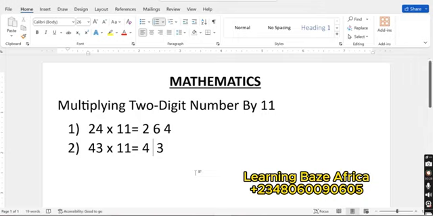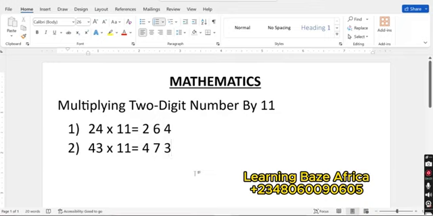Then we add the two digits together. 4 plus 3 is equal to 7. 7 will be written in between. So the final answer is 473. So 43 times 11 is equal to 473.